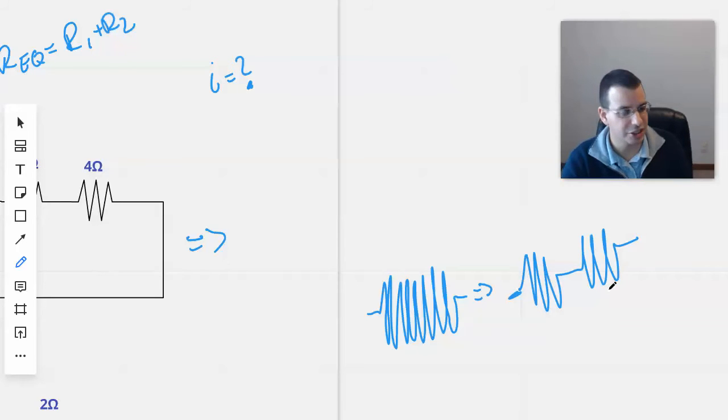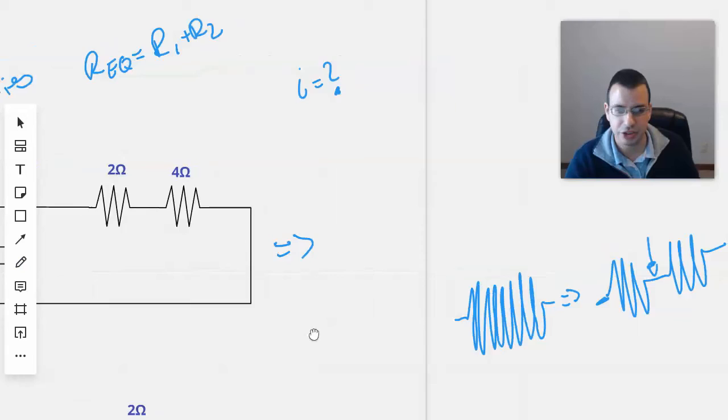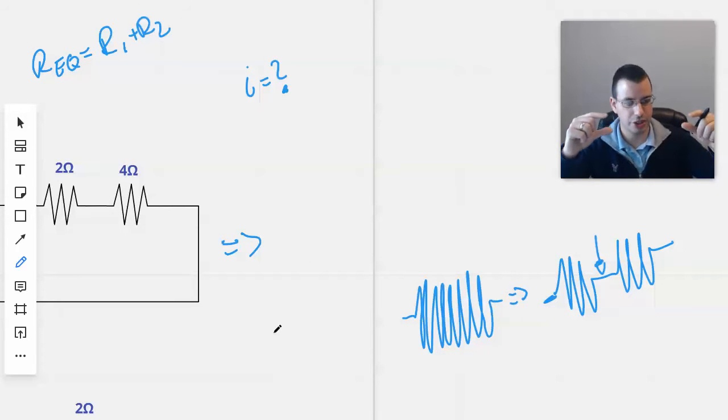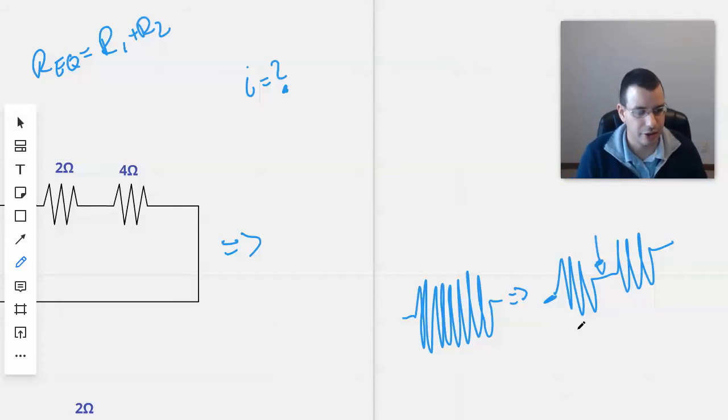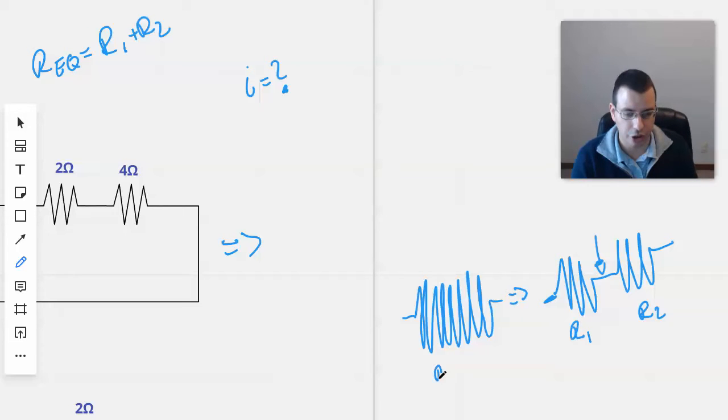Where physically this is pretty much the same thing, except they just have a straight piece of wire between them. And so it makes sense to me that if you take a resistor and you have 2 of them right next to each other, you can basically just squish them together and add the 2 resistances together. Because if you look at these 2, R1, R2, and you combine them into an equivalent resistor, this equivalent resistor is going to be R1 plus R2.